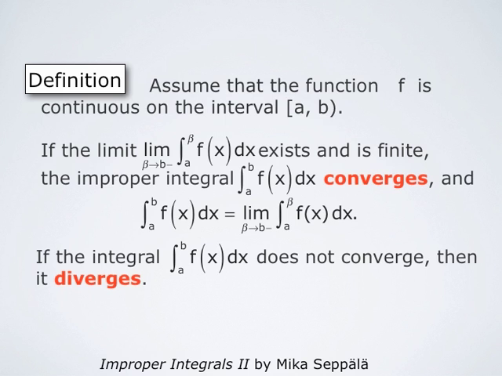As an example of that, let us now assume that the function f is continuous on the interval from a to b. This is half open, a is included, b not. b may be infinity.